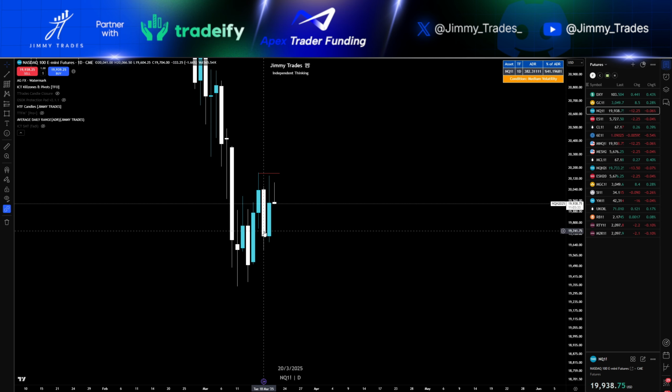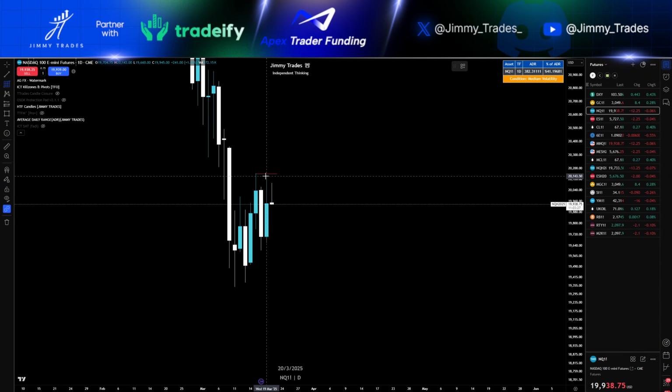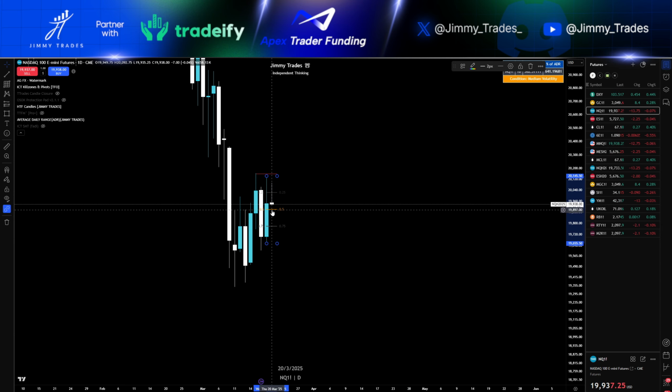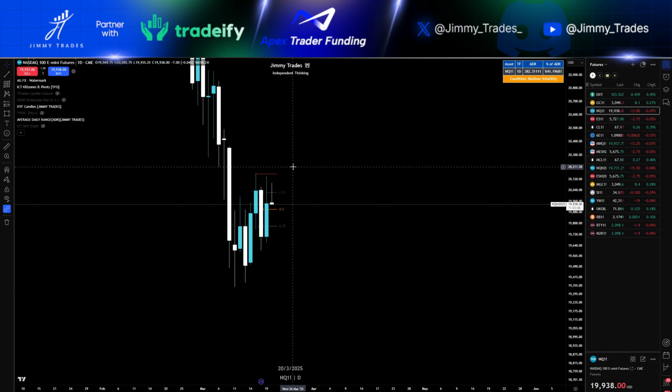And although we did get this close back through, we then found some legs yesterday. What I want to see is price respecting the 50% level, the previous day's range. So I'm happy for price to come down here, but I do want to see price react at this level for us to be able to engage with price and hopefully get a run back up to these relative equal highs.